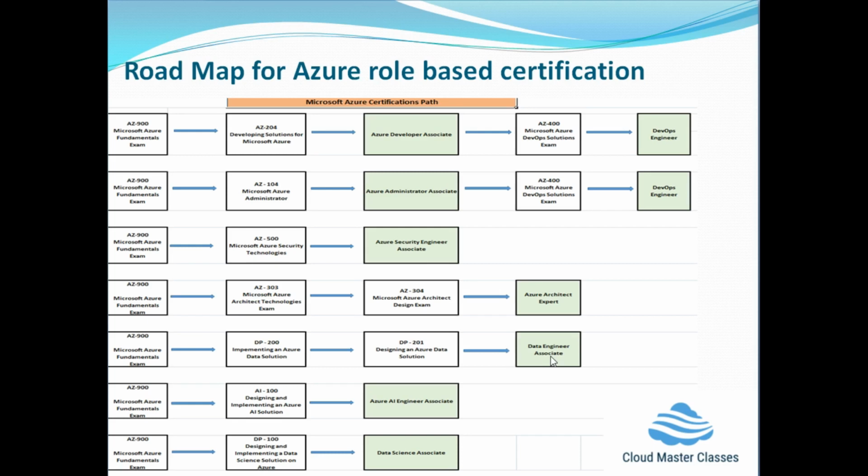Here you will learn different services provided by Azure in database and how they handle all the data and everything related to that. Azure also provides services related to artificial intelligence, and if you want to learn that or you are interested in those services, then you can opt for AI 100, developing and implementing Azure AI solutions. There are many more services provided by Azure.